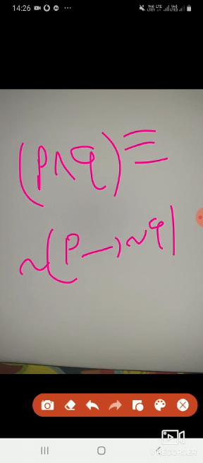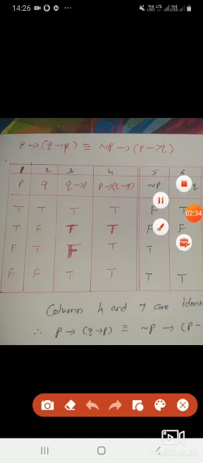We have to check whether it is equivalent or not. So we do it simply by using the known properties. Now see this one.